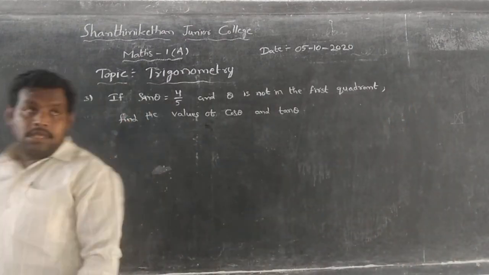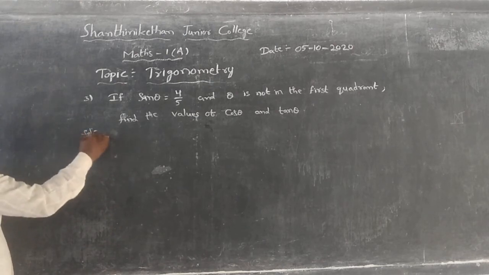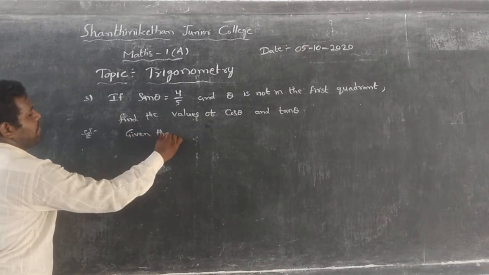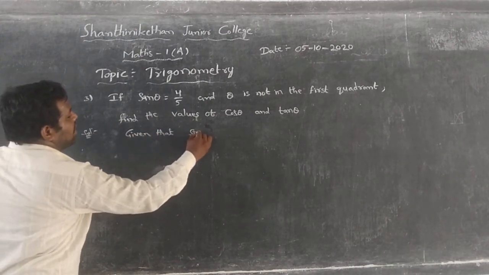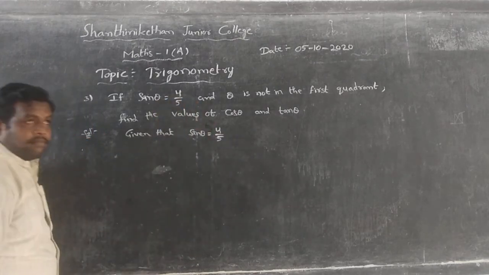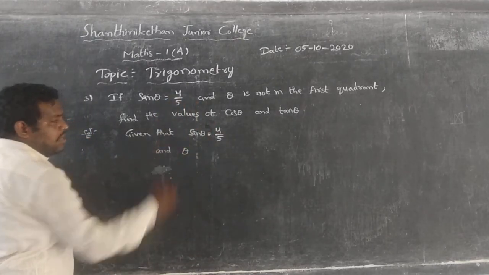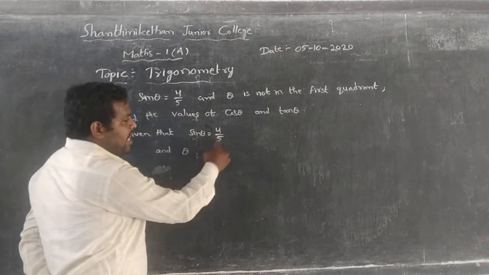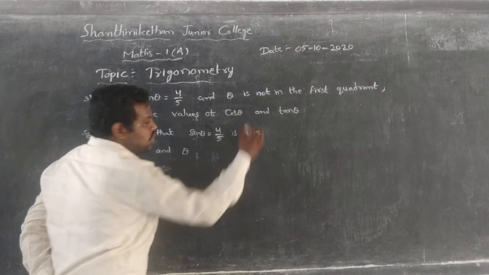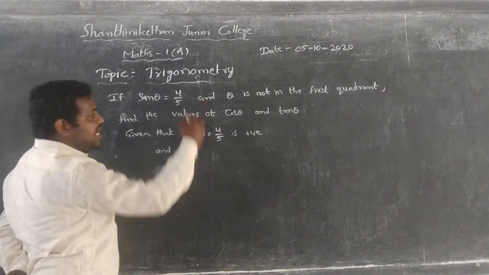Okay. So what is the ratio? Given ratio value is sin theta. Given that sin theta is equal to 4 by 5. This value is a positive value. And what is the other given condition?